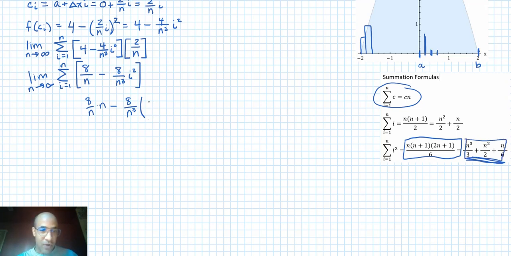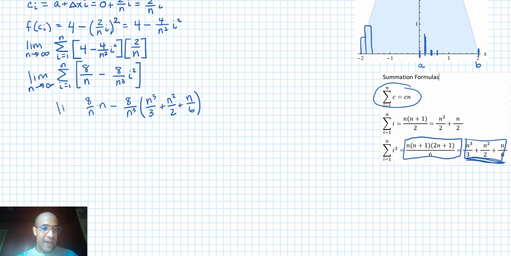It's n cubed over 3 plus n squared over 2 plus n over 6. Now, once you use those formulas to replace the i's, you don't need the summation notation anymore. We have done the sum.